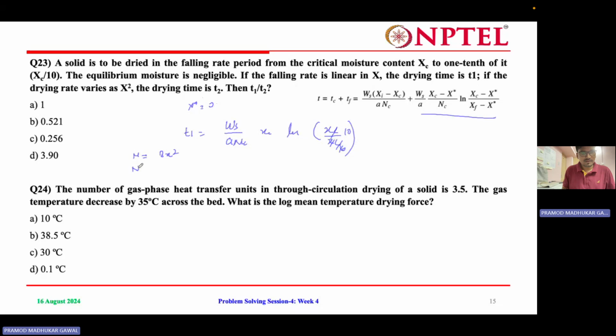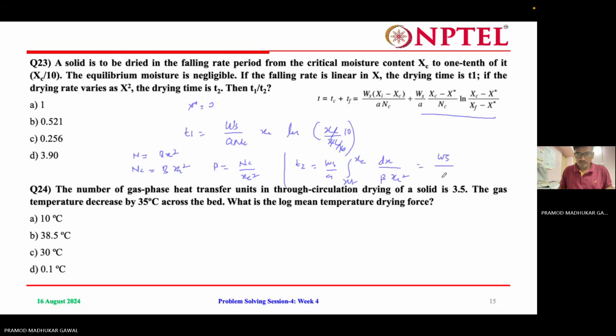So directly NC is equal to b Xc square, so b is equal to NC divided by Xc square. Now T2 is equal to Ws by A, integrate from Xf to Xc, dx by b X square, so you can write it down.